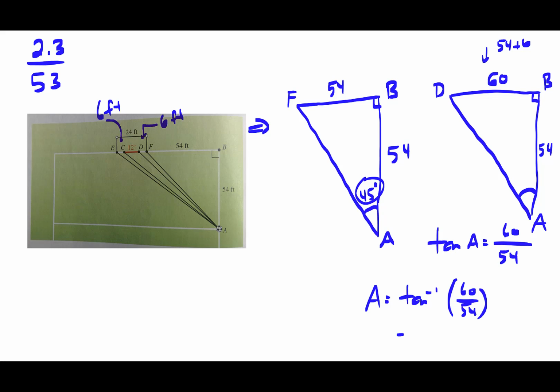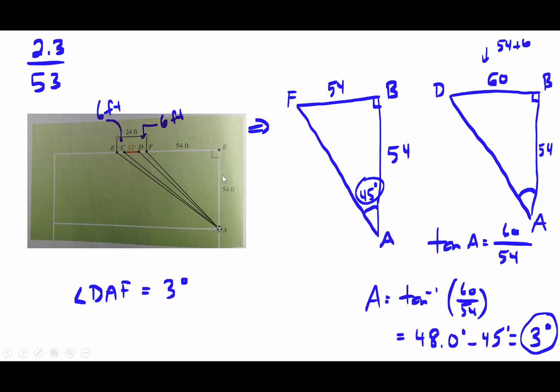Taking the inverse, we get 58.01, so 58.0. Now in order to get this little sliver of a degree, I've got to subtract. If I subtract from the original 45, I get myself 3 degrees. So angle DAF is 3 degrees. Alright, that's one side.